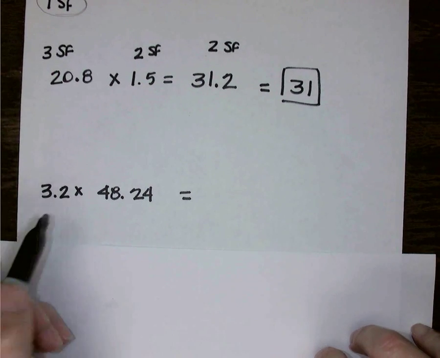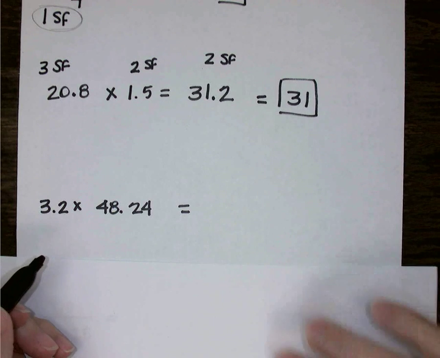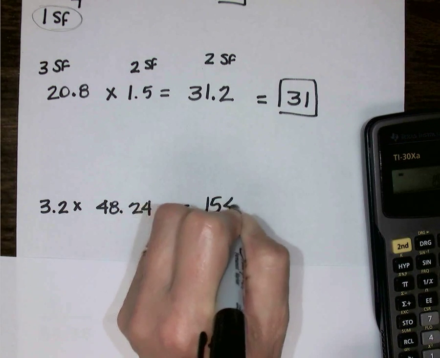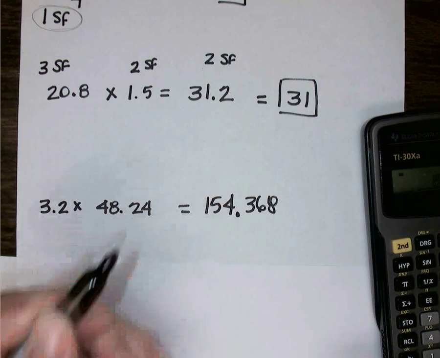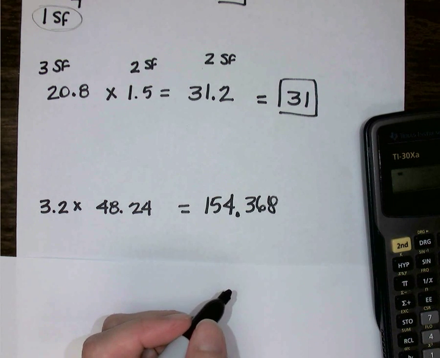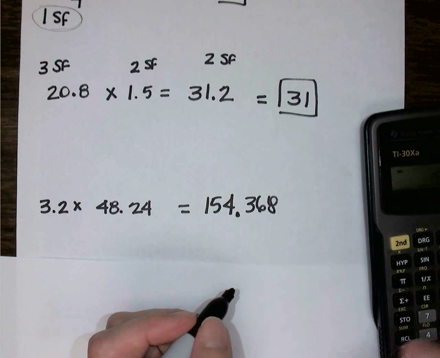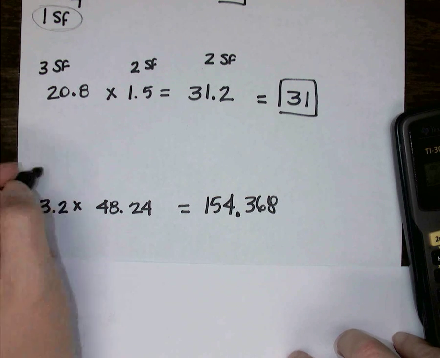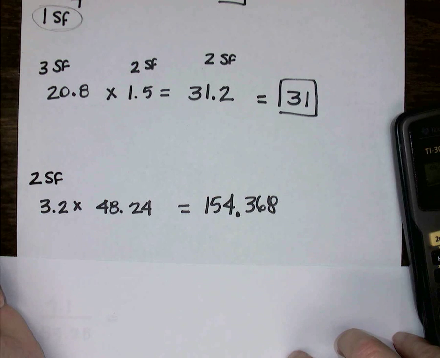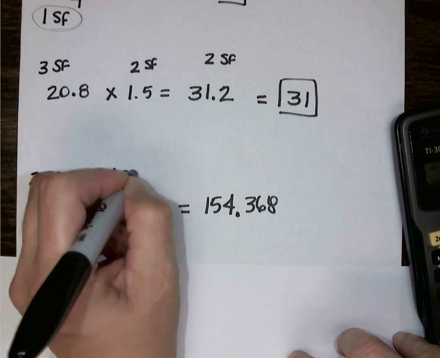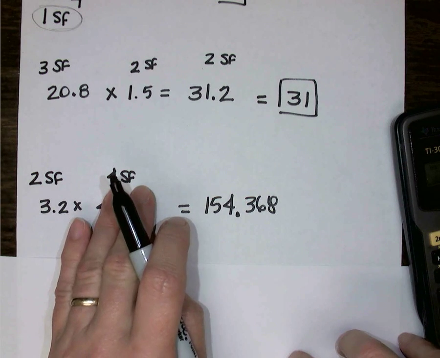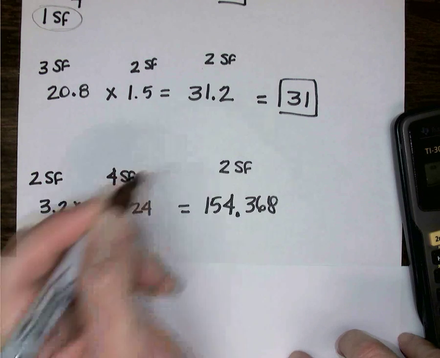With this problem, I am going to work it out on the calculator. And the calculator tells me 154.368. Now I'm going to double check that. And I did that correctly. So now I must decide how many significant digits I have. I have 2 significant figures here in 3.2. I have 4 significant figures in 48.24. 2 significant figures is less precise than 4, and so I can only have 2 significant figures in my answer.